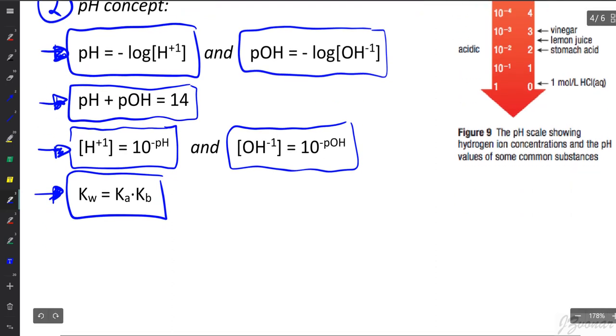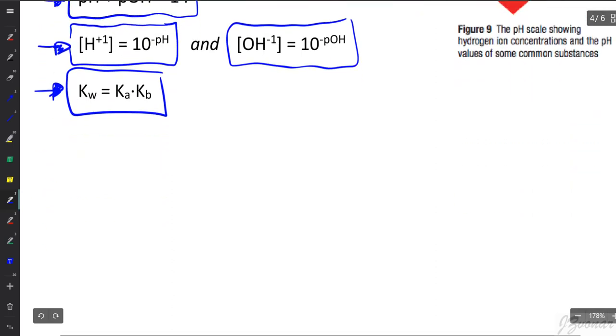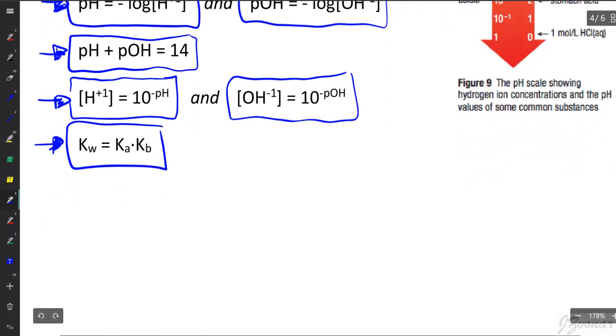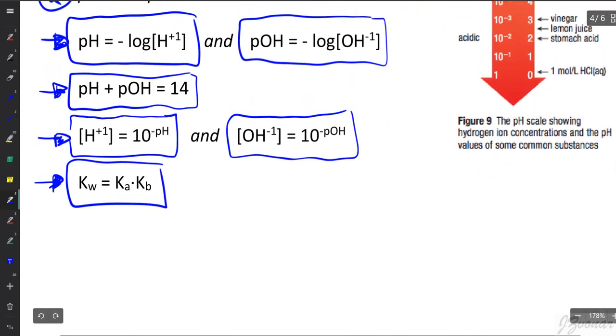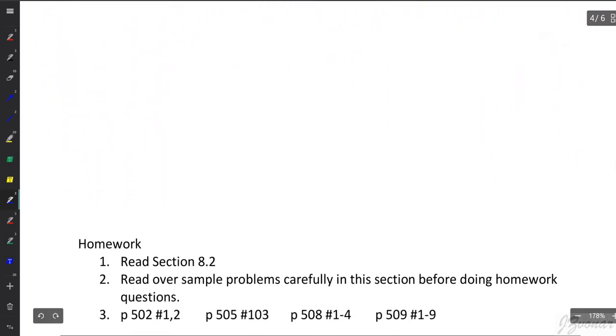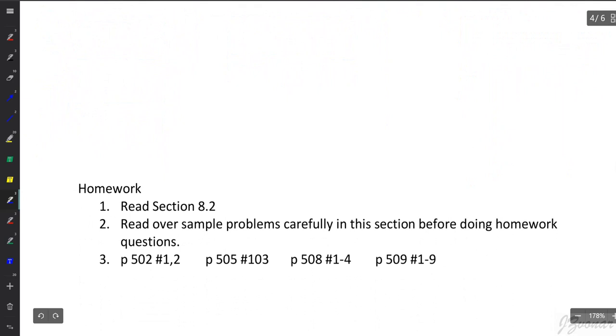Now, for homework, I'm not going to go through how to use each of these equations because they're pretty straightforward, just plugging in the numbers and solving. What we're going to have you do is read over section 8.2. It's especially important to read over the sample problems before tackling these homework questions.